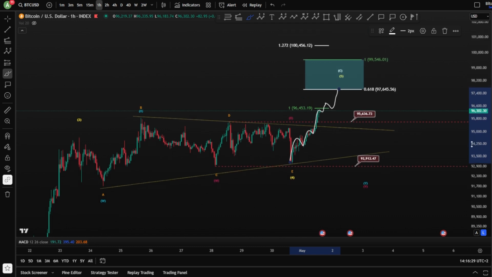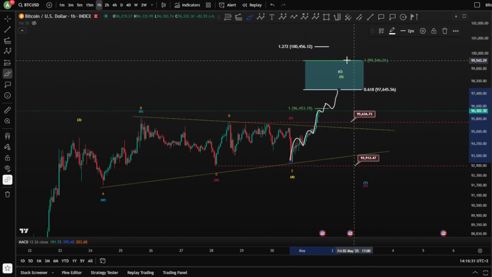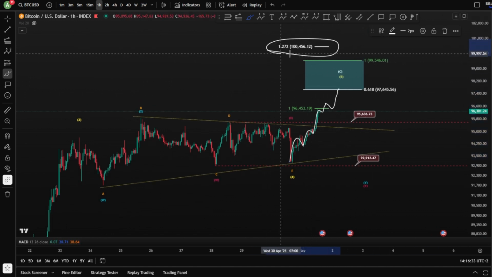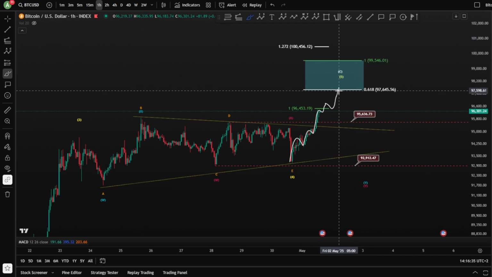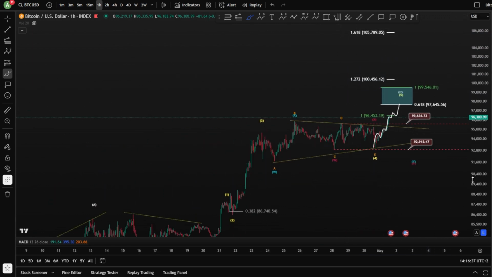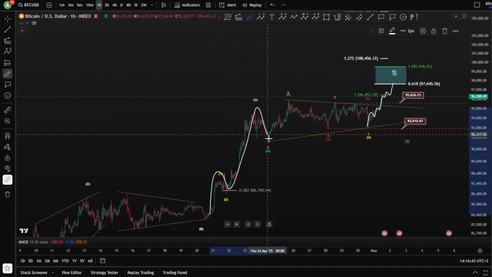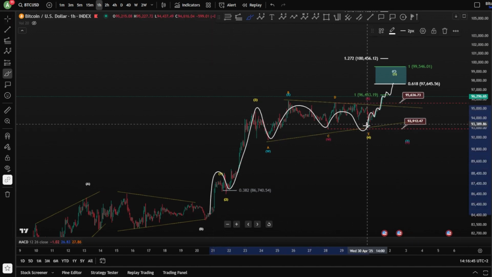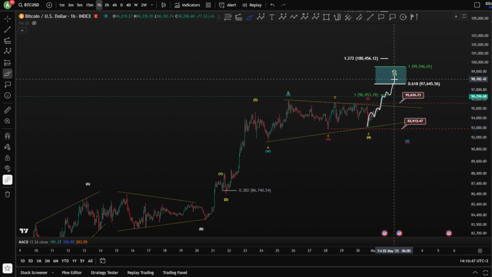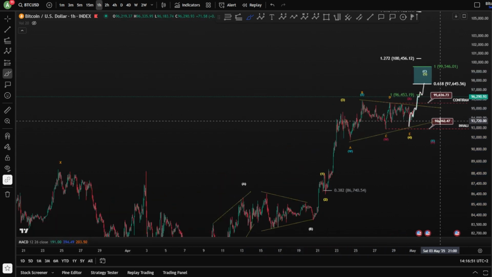If we do this and we're still inside this blue box under the 1.27, that is a potential of a finished wave C in a wave 5. That means you finished a 1, 2, 3, A, B, C, D, E for a wave 4, and then moving for this wave 5 continuation toward the downside, because you finished a wave C.